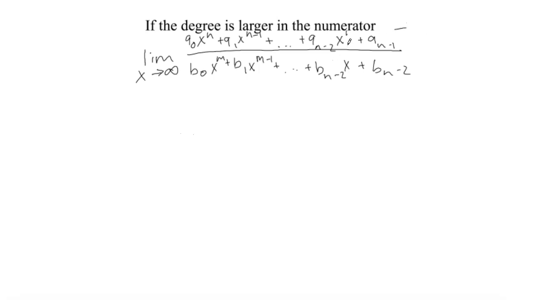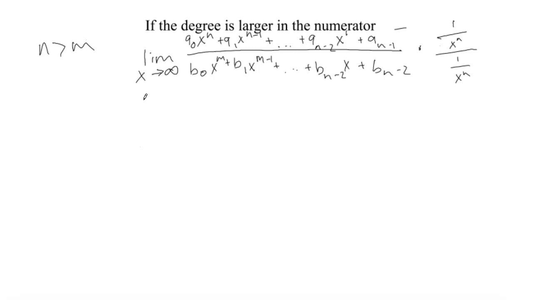So if we want to take the limit of this, the first thing we'll do is divide both the numerator and the denominator by x to the n, basically multiplying by 1 over x to the n. And just so we know, n is greater than m, since the degree is larger in the numerator.